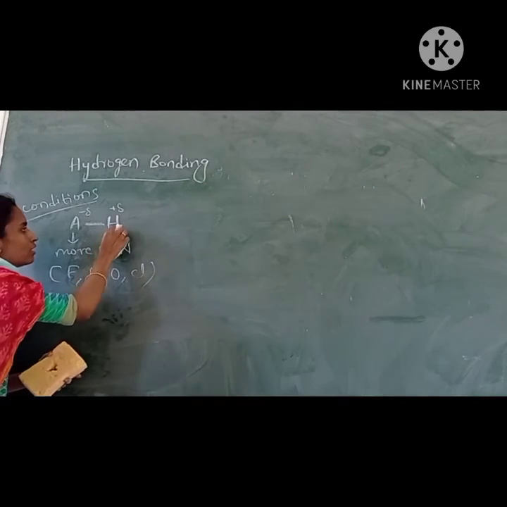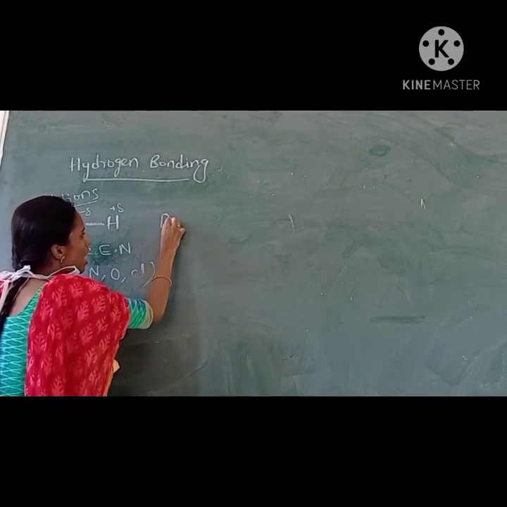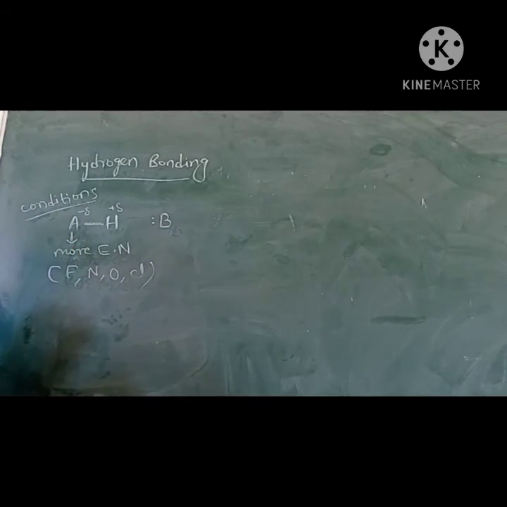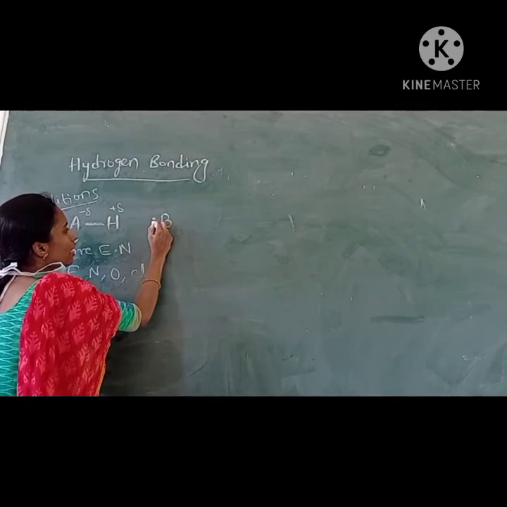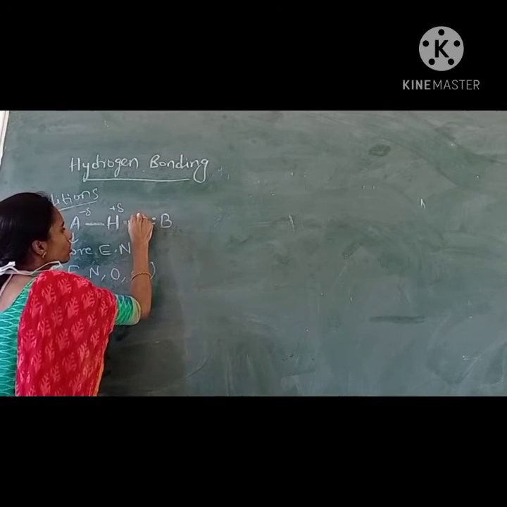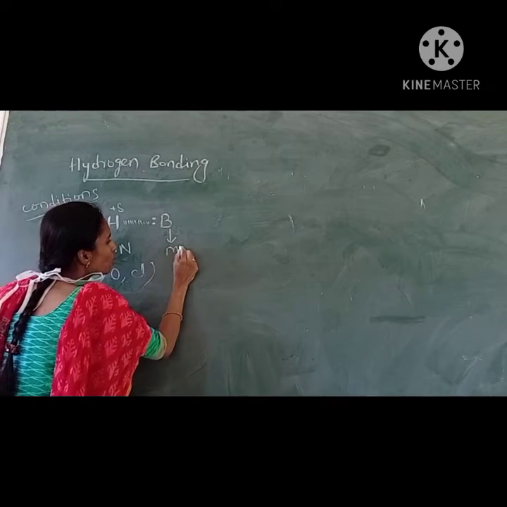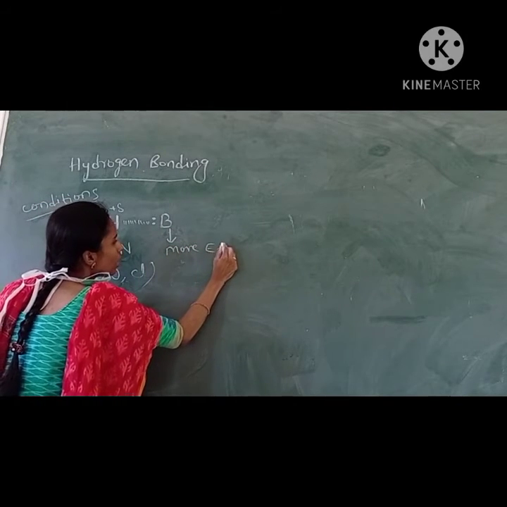Next, the B atom should have a lone pair of electrons, and it should also be a more electronegative atom.